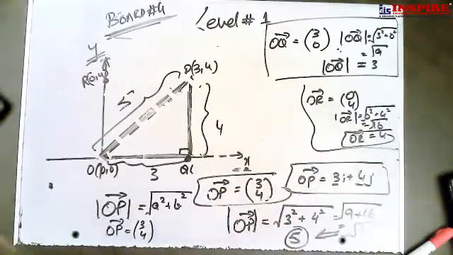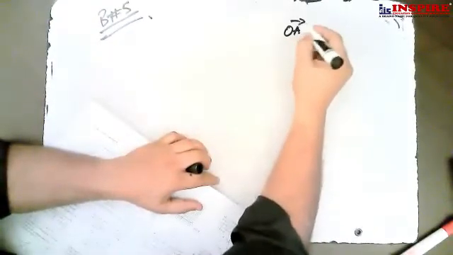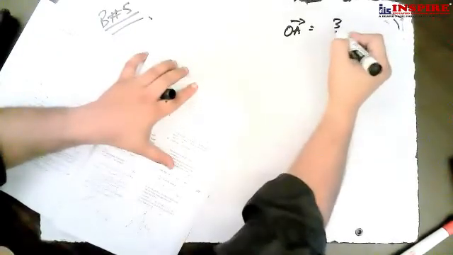Okay. Copy. Board number 5. Question number 11, everybody. OA, let's write the data down. OA is given by 3 and 4.